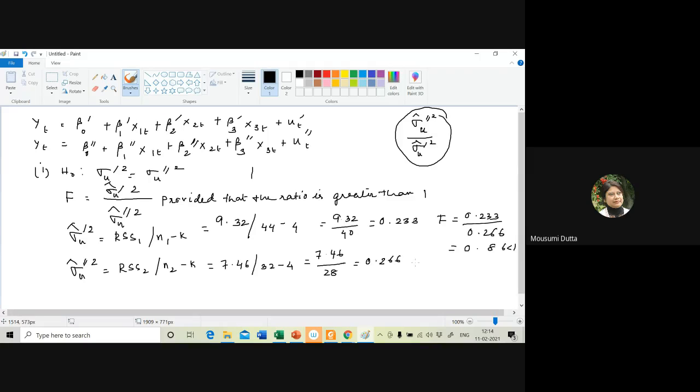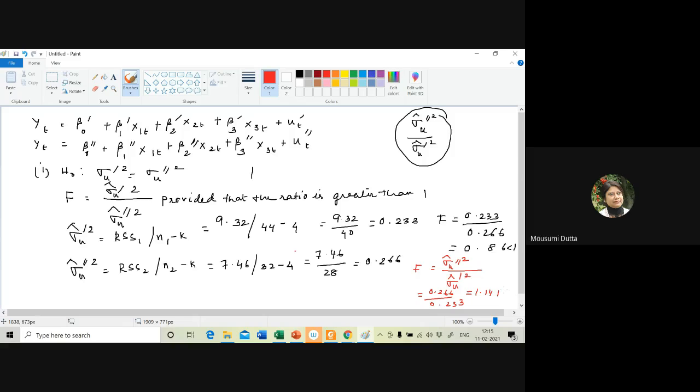So actually we need to consider the reverse, hence the F statistic which we will use here is given by, which is 1.141. Okay, so we will work with this F statistic.